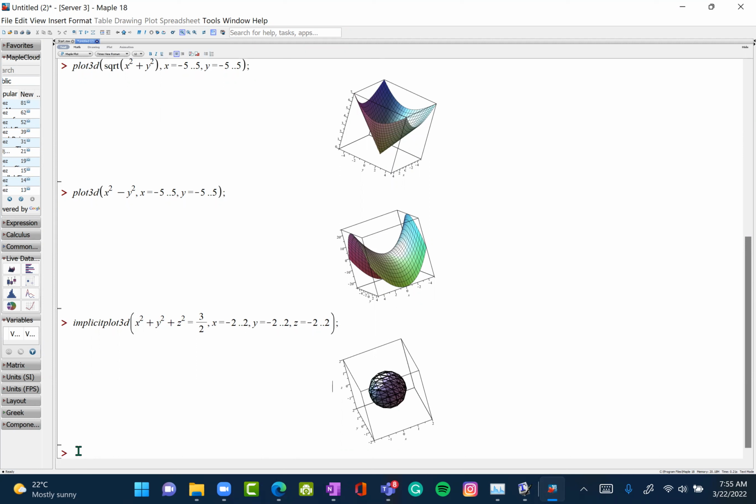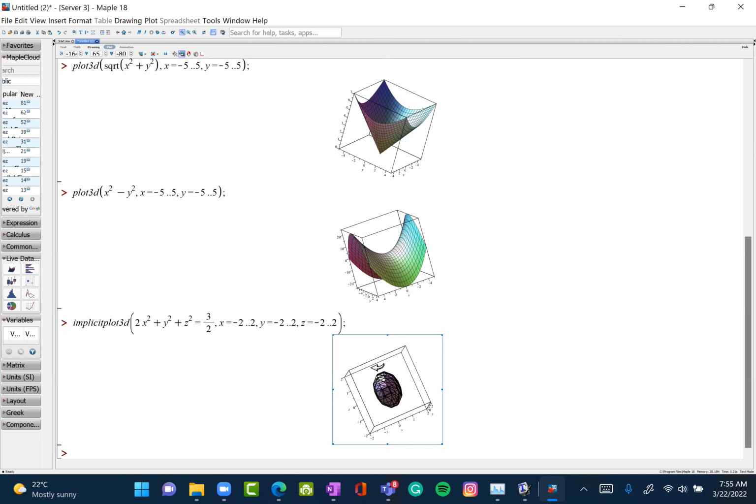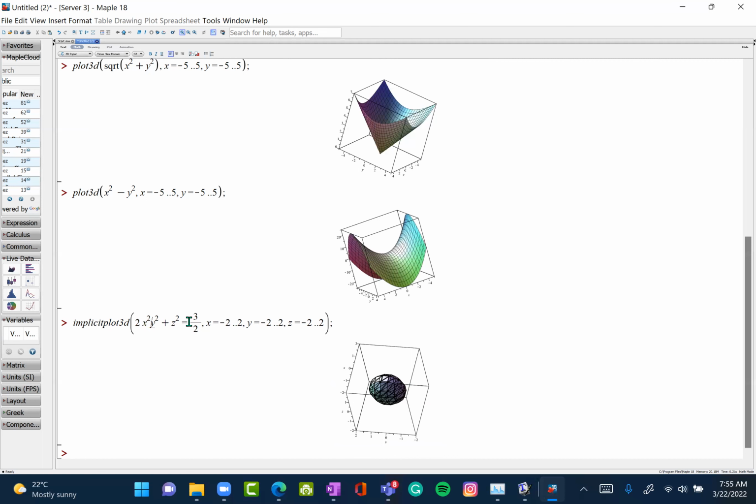And let's see if we implicit plot and then we put 2 here. What about this one? It just becomes what they call an ellipsoid. What about if I change this one to negative?